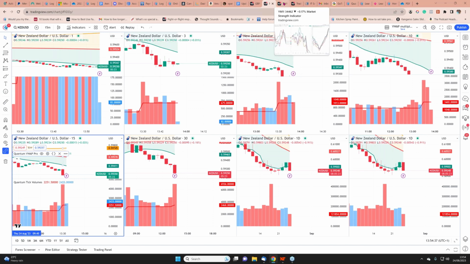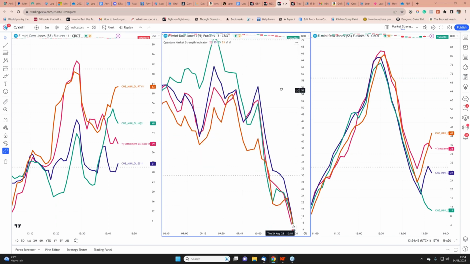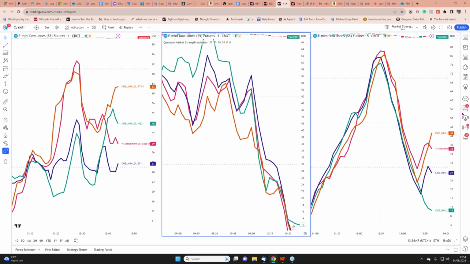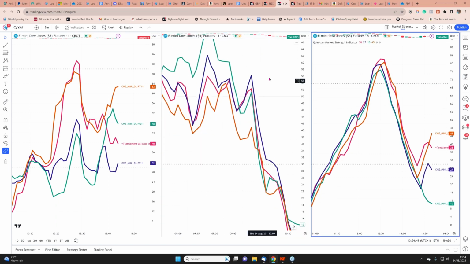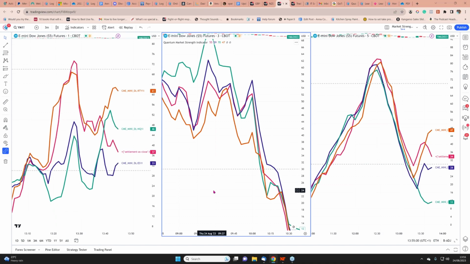The next indicator we've got may look very like the currency strength indicator. And indeed, it has a lot of common similarities with that in terms of interpretation. But what we've done here is develop an indicator which we call the market strength indicator. So we call them 2 sister indicators. We've now got the currency strength indicator and we have the market strength indicator.